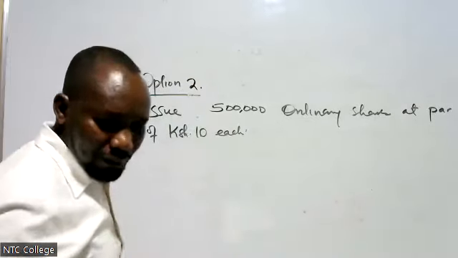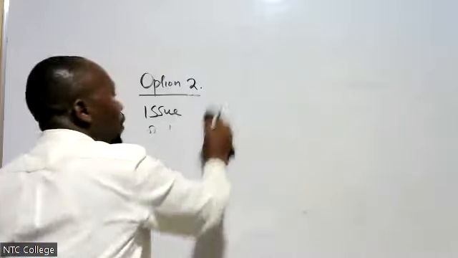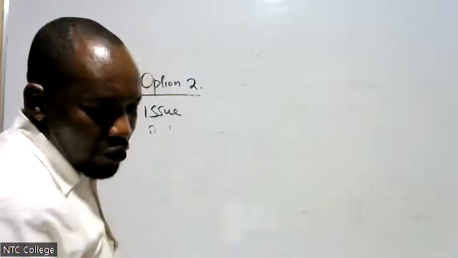Option number 2 is he can also get 5 million by doing what?